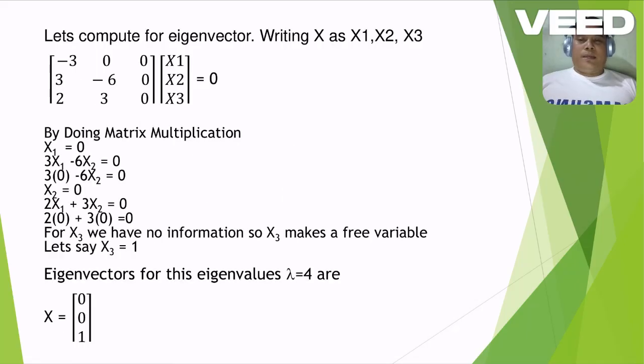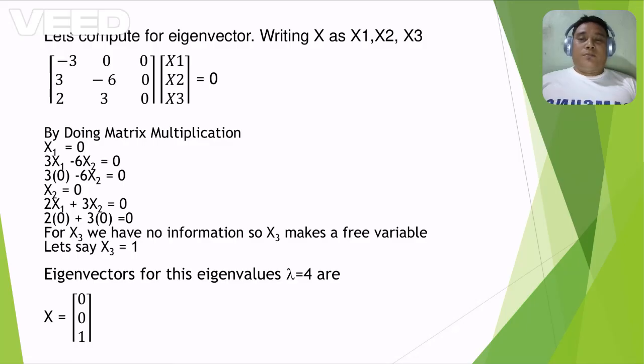So let's compute for eigenvectors, writing x as x1, x2, x3. By doing matrix multiplication, we know that x1 is equal to 0. For the second row, 3x1 minus 6x2 equals 0.